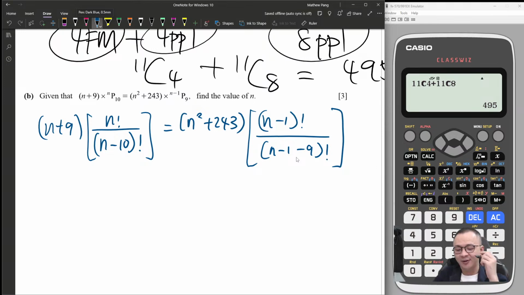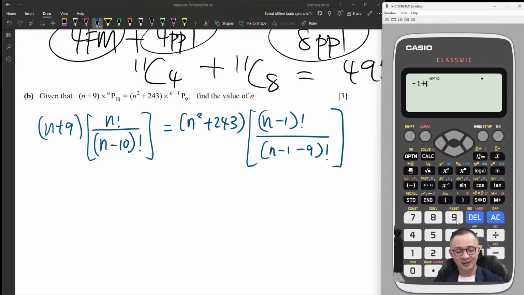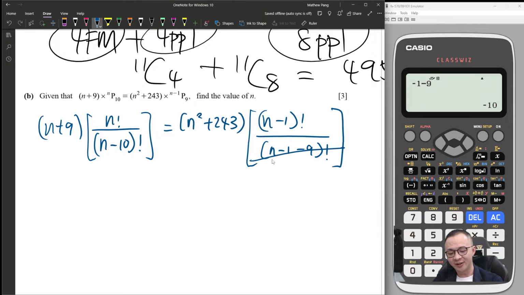Okay. If you see carefully, n minus 1 minus 9 is minus 10, isn't it? So n minus 10 factorial, n minus 10 factorial, I can cancel out. I can cancel them because they are the same thing.